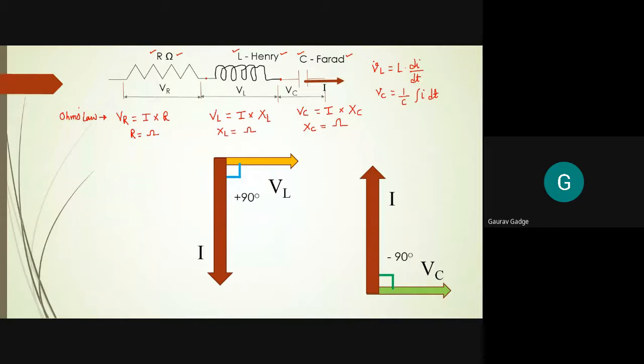So these basic equations you already have studied, but we are not considering them to understand the concept of this RLC series circuit, where I am just considering Ohm's law, and all three elements, resistor, inductive reactance, and capacitive reactance, are in ohms, and that's why the Ohm's law equations are written over here.